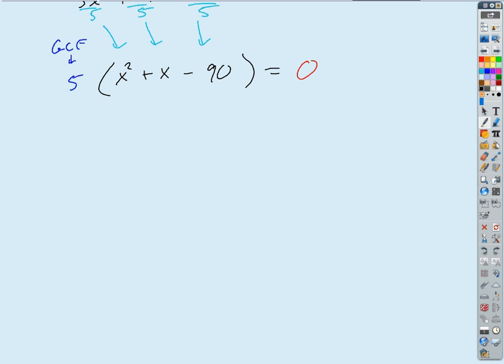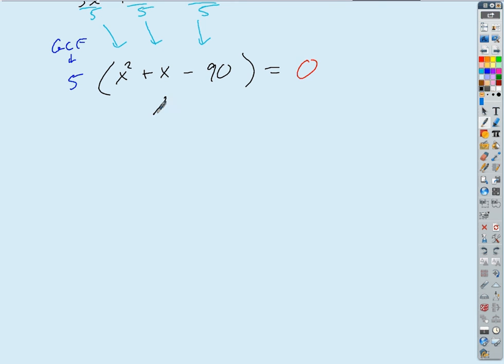Okay, so now can I go any further? Can you undistribute those? Well, the 5 we're done with, right? We factored that out, but the question is, can we break this up some more? Can we distribute those x's out, or do anything with those? No, we can't really, right? Because we got a trinomial here, so we want to see if we can factor this using magic numbers, right?